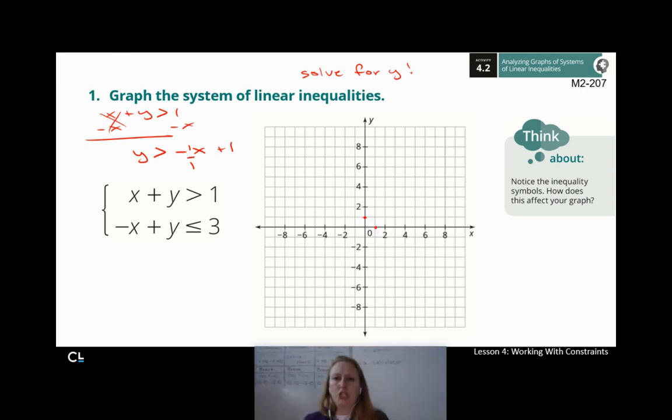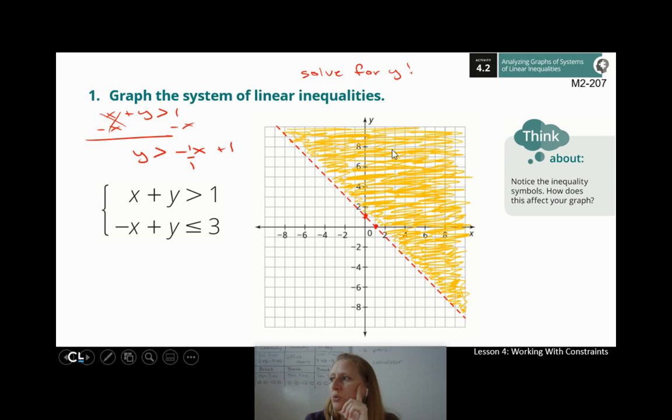Oh my gosh, it got dark in here. Sorry. And I will connect my dots. Now, it should be a dashed line, if you recall. It's not equal to, so that's going to be a dashed line that's going to come through here. It says y is greater than all this stuff, so I have to shade the upper half, right? So, shaded.